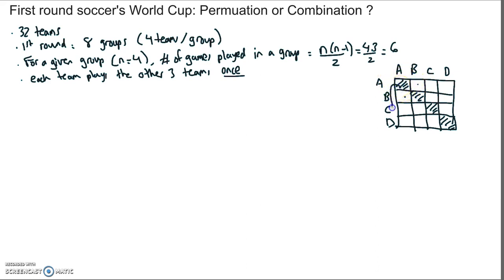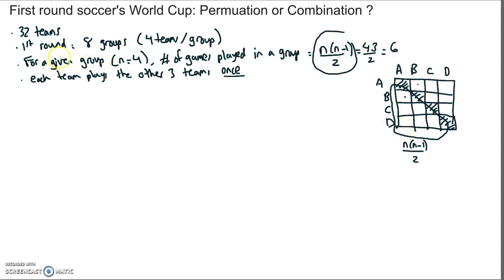And we said that the total number of games in a group, you can do that by counting the number of squares either below the diagonal or above the diagonal, and we showed that equals n times n minus 1 divided by 2. The question in this video is, can we come up with this formula without drawing a scoreboard?